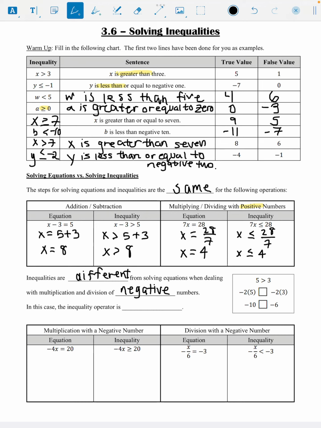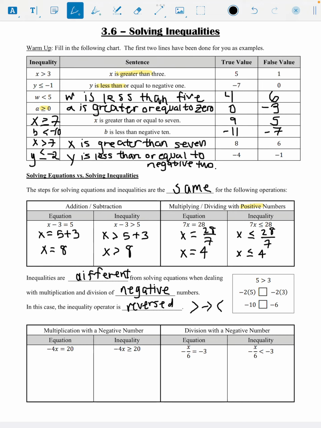So in this case, the inequality operator is going to be reversed. For example, if you start with a greater than sign and you multiply or divide by a negative number, it will become a less than sign.